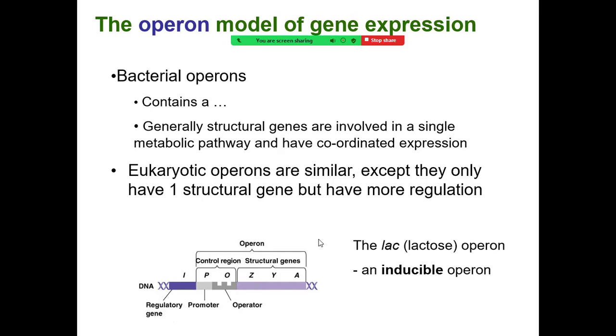And then something that isn't shown here, but at the end of the gene, there would be the terminator. All of these are controlling regions that help control the expression of the gene of interest, the Z gene, which is the lactase gene.